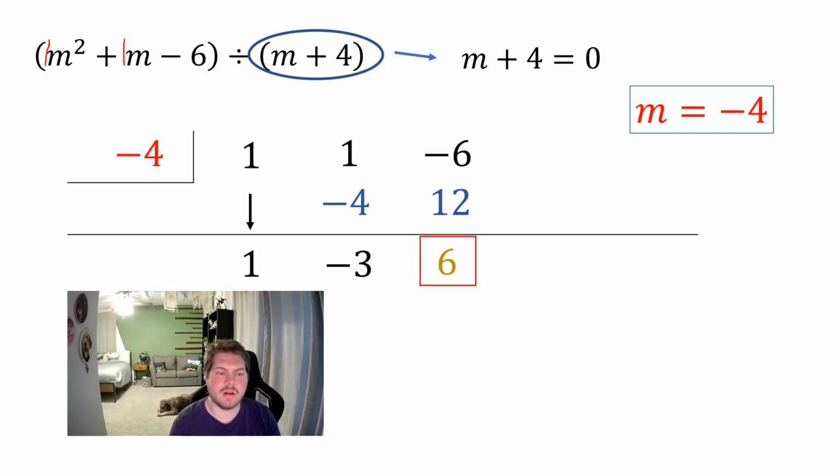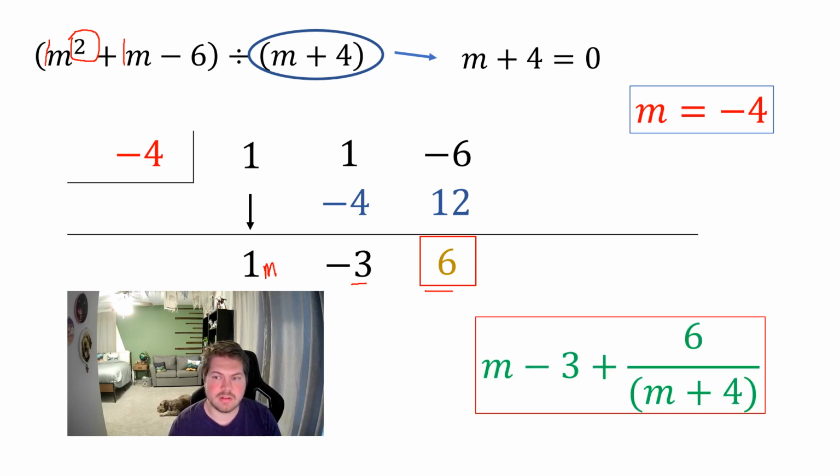And so remember, we started with m squared, so this is going to be m, and this is going to be our constant, and this is our remainder. Now, remember, with remainders, you're going to leave that in a fraction. So it's going to look like this. M minus 3 plus 6 divided by m plus 4.